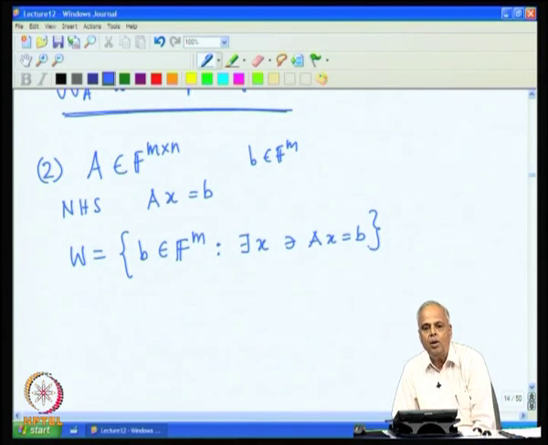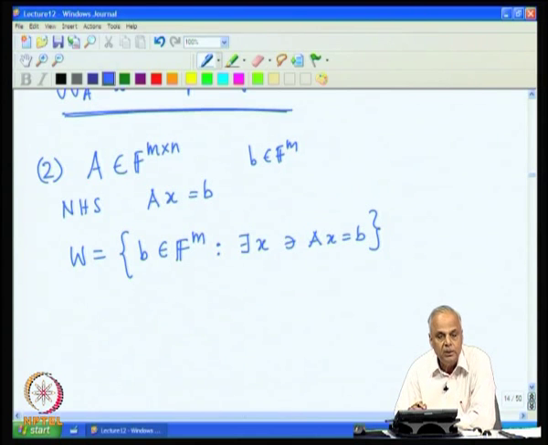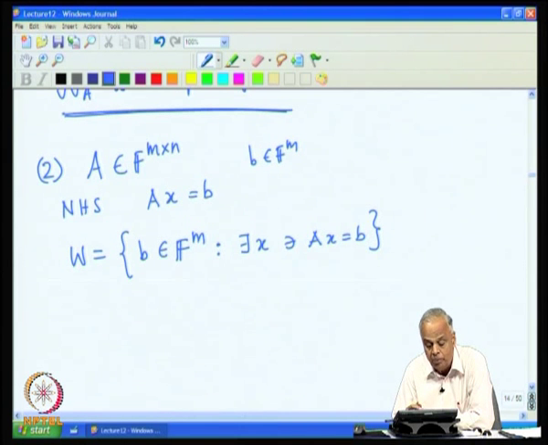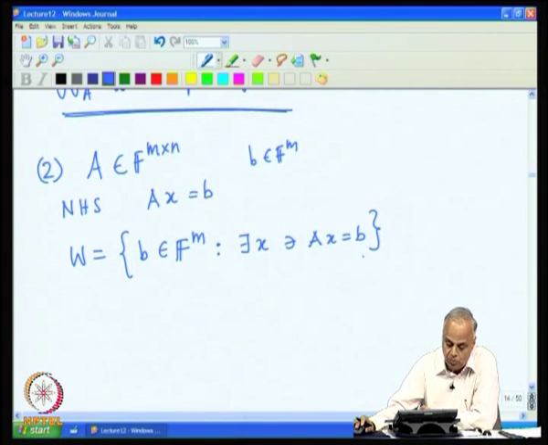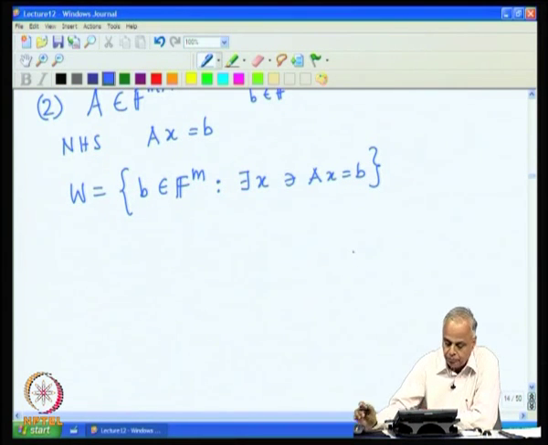So, we are collecting all those b for which the system A x equal to b is consistent. So, in the language of non-homogeneous system, we are looking at all those b's in F m for which the system A x equal to b is consistent.